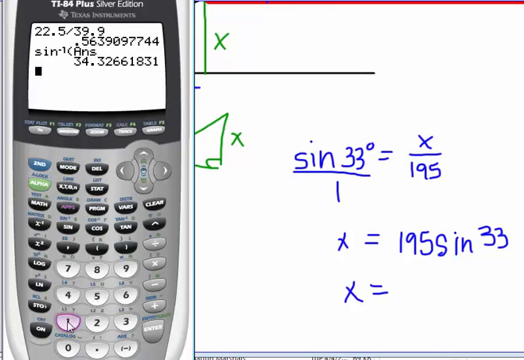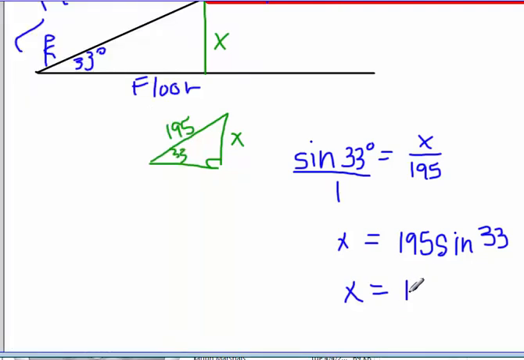So what we've got here is 195 times the sine of 33. 195 times the sine of 33 is 106.2. So this platform is 106.2 feet above the ground, and that's really high. I don't want to walk that. But to each his own.